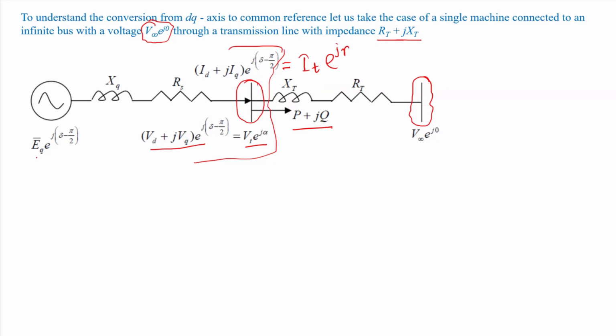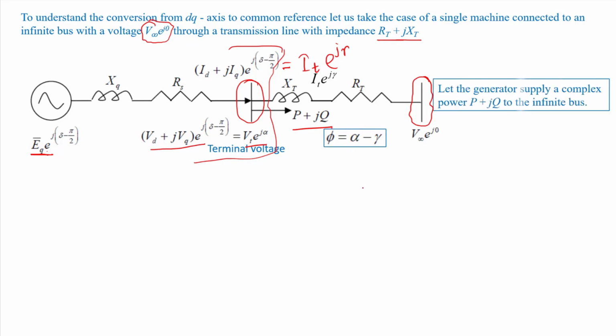So in order to convert this into the common reference frame, I need to multiply by e to the power j of delta minus pi by 2. So therefore EQ into e to the power j of delta minus pi by 2, right? So this is your terminal voltage obviously, and IT is e to the power j gamma, right? Already I mentioned phi equal to alpha minus gamma, right?